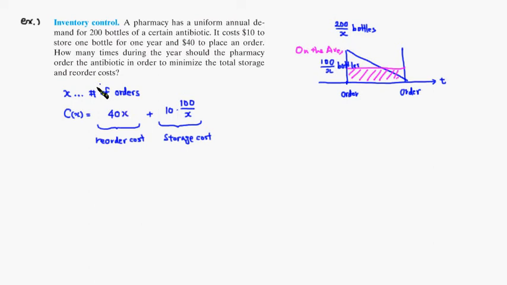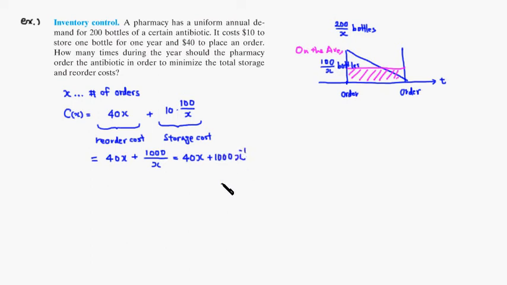If you clean that up, you're going to get the function C of x is 40x plus 1000 over x. So this is the cost function. If you want, we can write it as 40x plus 1000 x to the negative 1.